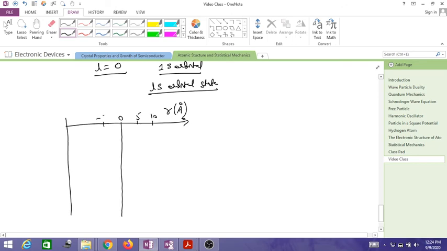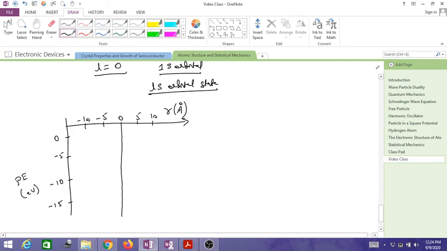Likewise, this is minus 5, minus 10, and so on. The y-axis represents the potential energy: 0 here, minus 5, minus 10, minus 15, in terms of electron volts.